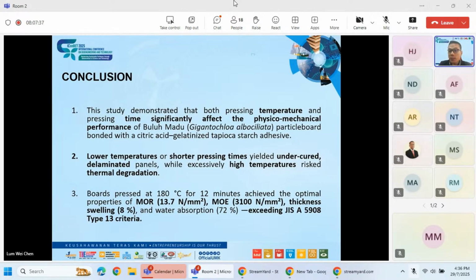A lower temperature or shorter pressing time yielded undercured and delaminated panels, while excessively high temperature will risk thermal degradation. The board pressed at 180 degrees Celsius for 12 minutes achieved the optimal properties of MOR, MOE, thickness swelling, and also water absorption, all of which exceed the JIS standards for type 13 particle boards.